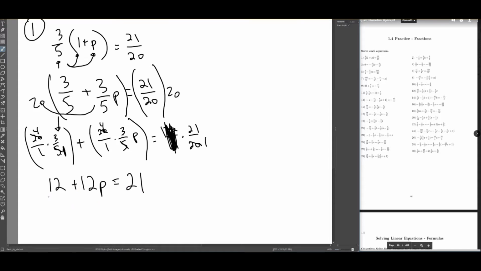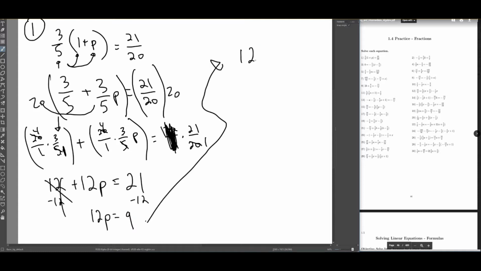All right. There's a 12 here. We're going to subtract 12 from both sides, because we want to isolate the p. 12p equals 21 minus 12, which equals 9. So 12p equals 9.